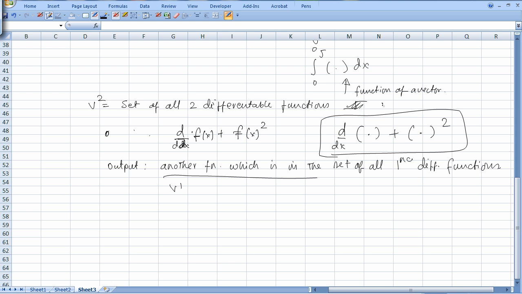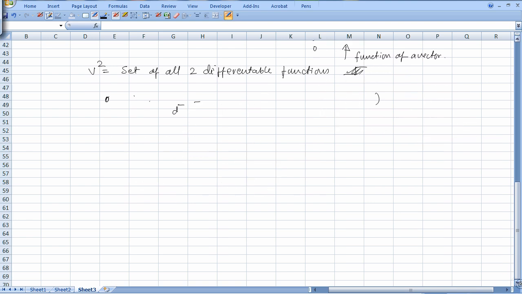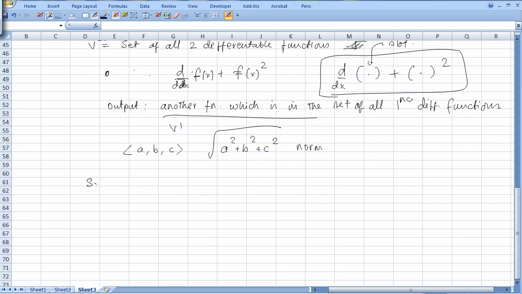So this is the slot. For a vector, for example, suppose I give you vector a, b, c, I could do square root of a squared plus b squared plus c squared. This is called norm. Technically, this is called 2 norm or Frobenius norm or something like that, but you know, this is what we call norm. And norm is a function of a vector. Okay, so no big deal. We can do all kinds of functions. So a special group, we are very much interested in a special group of functions.